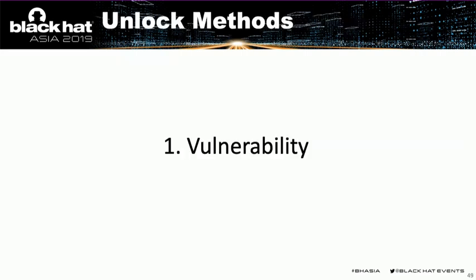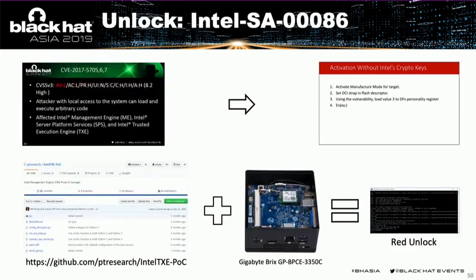The first and simple way is a vulnerability, and you can use the vulnerability which we found. It's 00086. You can download the proof of concept for Gigabyte bricks from our GitHub.